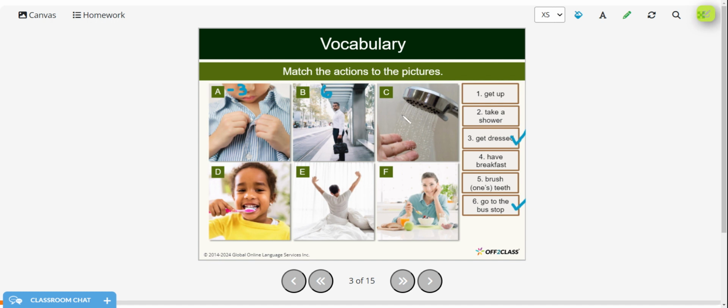Picture C goes with number 2, which would be take a shower. Picture D would go with number 5, brush teeth. Picture E goes with number 1, which is to get up. And picture F is number 4, have breakfast.